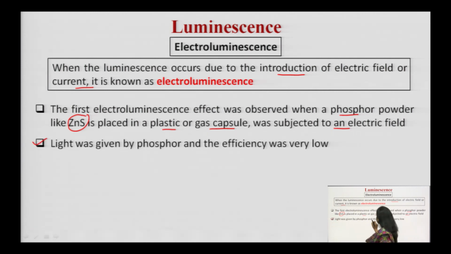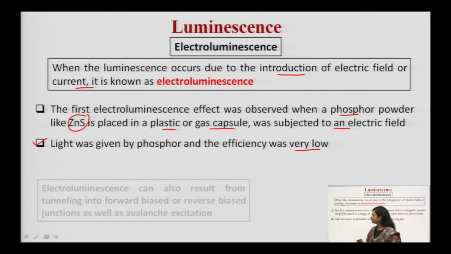Light was given off by the phosphor, and the efficiency was very, very low. So there was a challenge to increase the efficiency to make the system good.